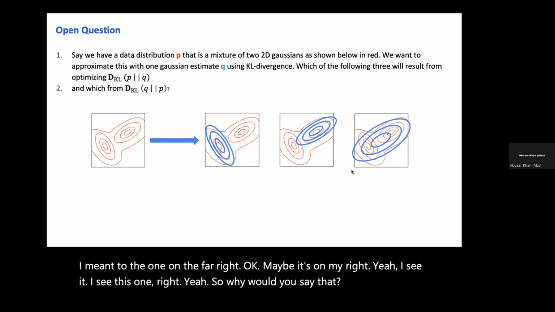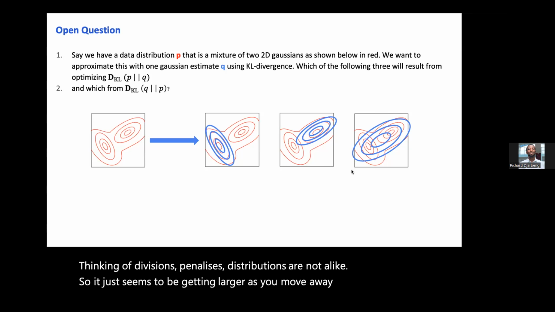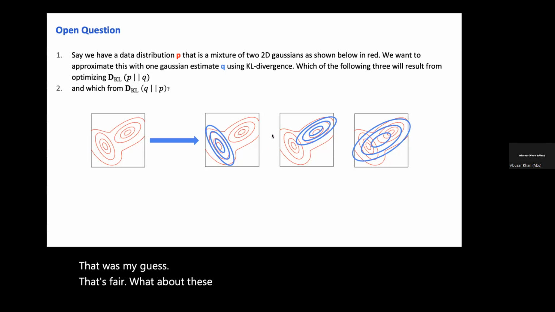Because I think KL divergence penalizes distributions that are not alike. So it just seems to be getting larger as you move away from the center. I don't know. That was my guess. Well, that's fair. What about these two? Why would these two then appear for Q with P?